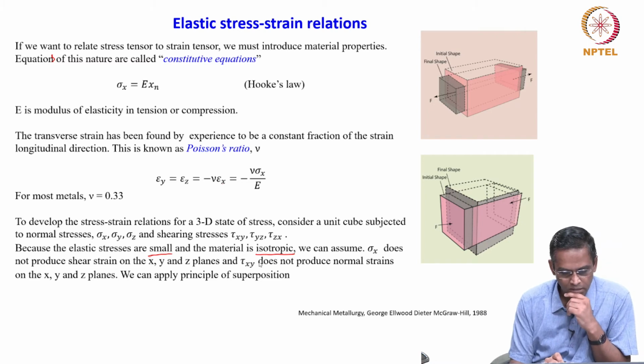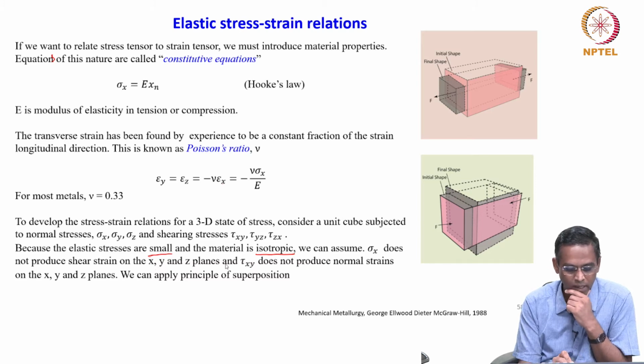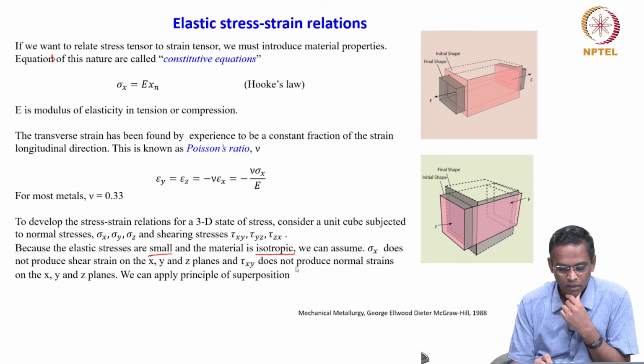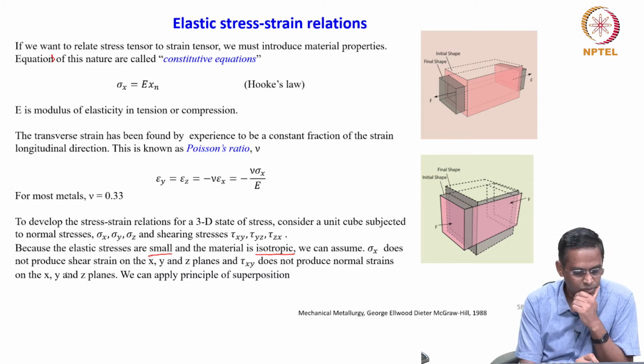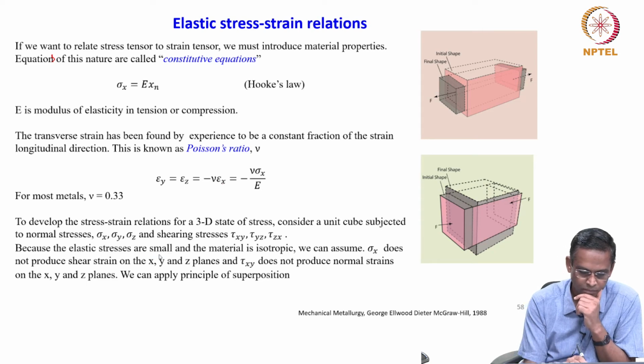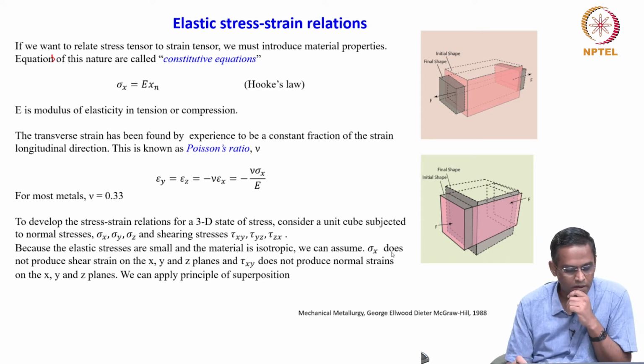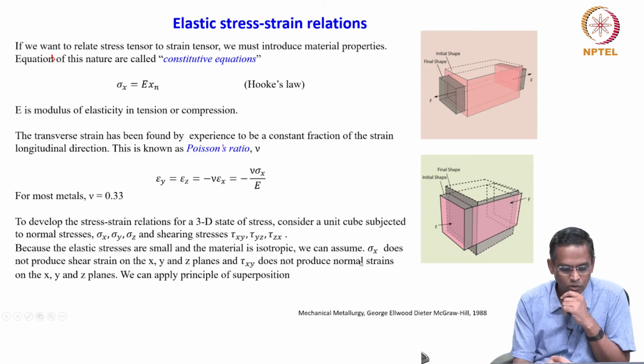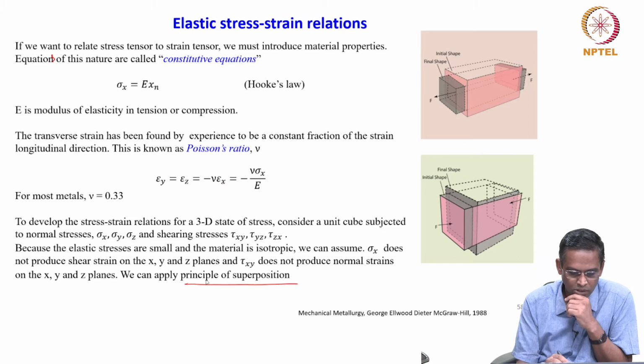If the material is isotropic and the elastic stresses are small, then we can assume sigma x does not produce a shear strain on the x, y and z planes, and tau xy does not produce normal strains on x, y and z planes. We can apply the principle of superposition. Under these conditions, sigma x will not have influence on shear strain and shear strain will not have influence on normal strain. Then we can use the principle of superposition. So, what is that?